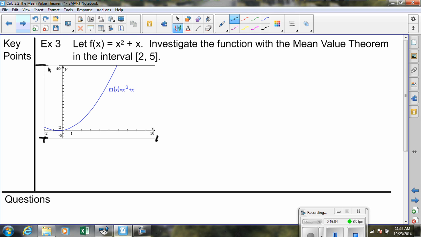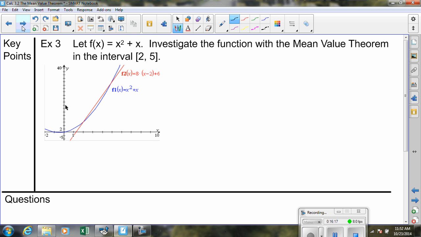If you would like to create the exact same window that I have, here's how I did it. Well, here's just our function x squared plus x. I also went through and put in that line that we just figured out.